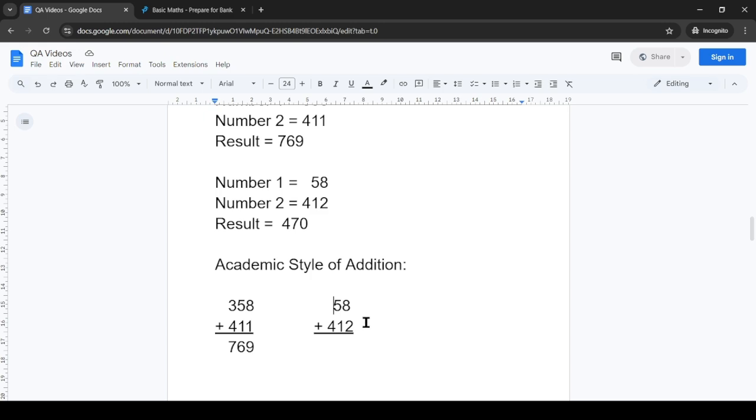If we have a carry number, then where will that number be carried, or if the sum of two numbers is more than 9, then what will happen? So for this purpose I have taken 8 plus 2, that will come as 10.